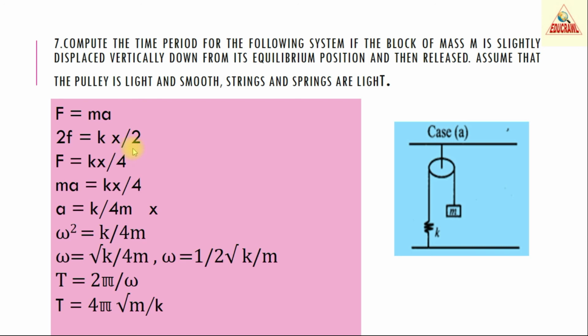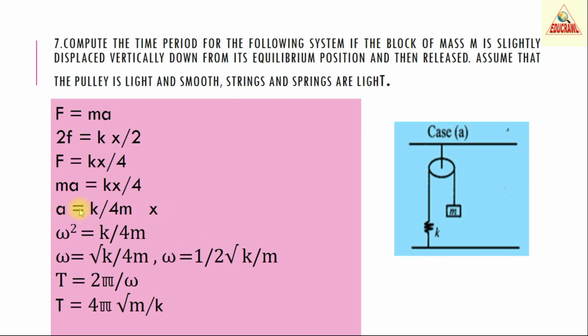Here the displacement is x by 2 and the force is 2F. Hence the expression becomes 2F is equal to kx divided by 2. So from this, F is equal to kx divided by 4. So comparing this with Newton's second law, we have ma is equal to kx divided by 4. So finding an expression for acceleration, we have a is equal to k by 4m into x.